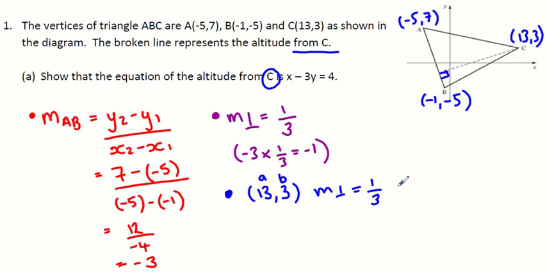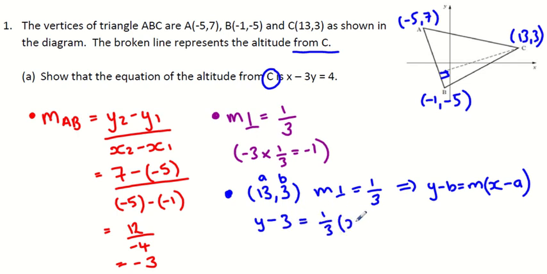I'm going to substitute that into the y minus b formula. So my b is 3, y minus 3 equals 1/3 (x minus 13). When you have a fraction for a gradient, multiply everything by 3 to get rid of the denominator. And that just breaks the bracket if you've got a 1 for the numerator. I'm going to add 9 to both sides.